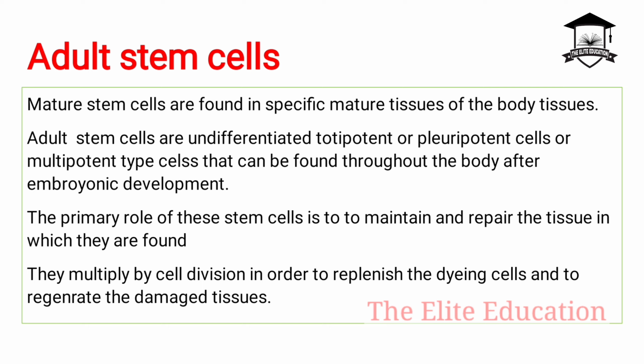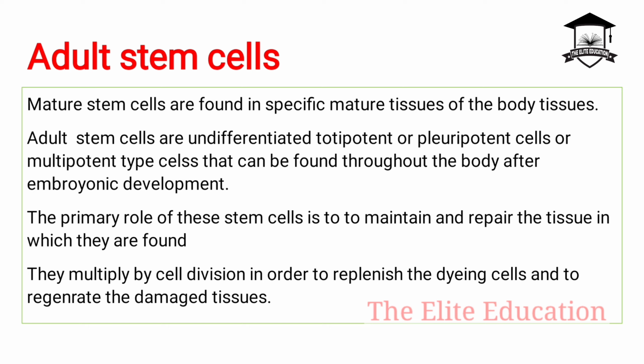So the primary role of these adult stem cells is to maintain the tissue, because an organ consists of various kinds of tissues. These tissues continuously work, and they have even a certain lifetime.